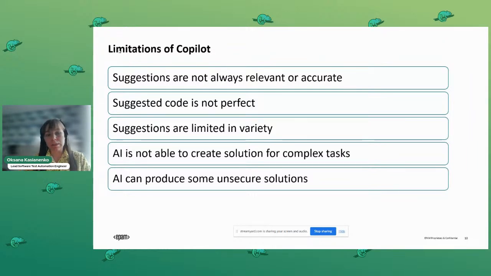Those suggestions are limited in variety since GitHub Copilot is trained on public repos, and unfortunately, you can't use GitHub Copilot for some complex solutions like creating a test automation framework from scratch or creating some library modules, etc. It's only an assistant. And unfortunately, GitHub Copilot may produce some unsecure solutions. Be aware of this and always remember that you need to get customer approvals before using GitHub Copilot on the real project.